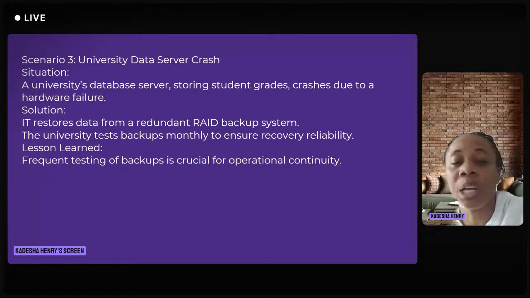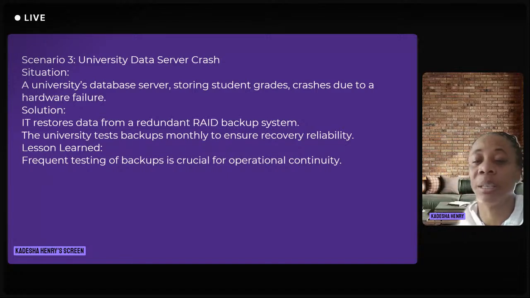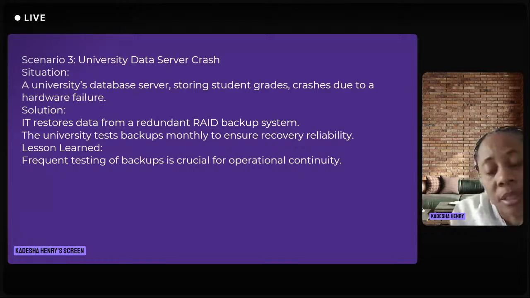So the frequent testing of the backup system was crucial here for operations to continue. Because they had a RAID backup and the system crashed, now they can go to their secondary to restore the data.